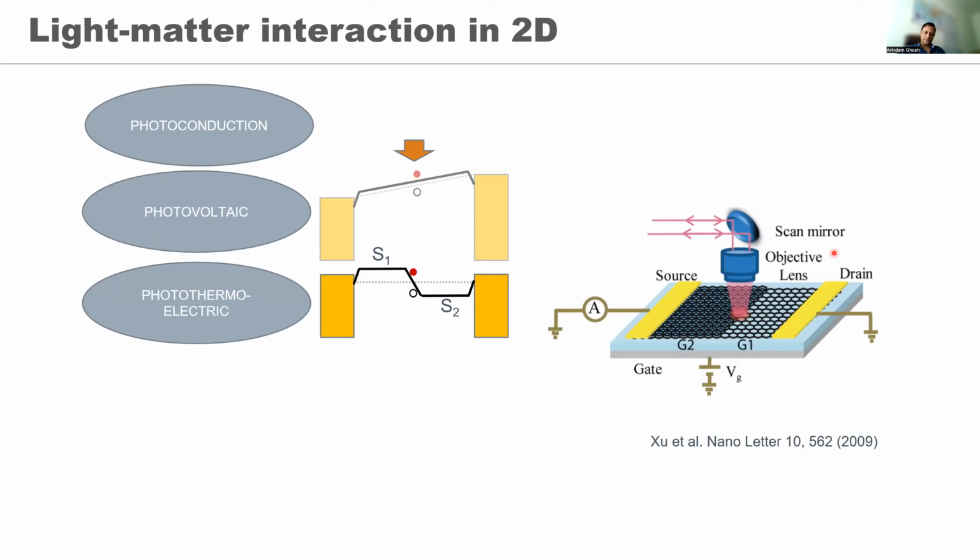So when you shine light at the interface or junction of the two different regions, you create heat, an additional temperature difference, and that temperature difference leads to different voltages across the two regions of different thermoelectric coefficient. That gives you a voltage difference between the source and drain. So this is called the photothermoelectric mechanism.